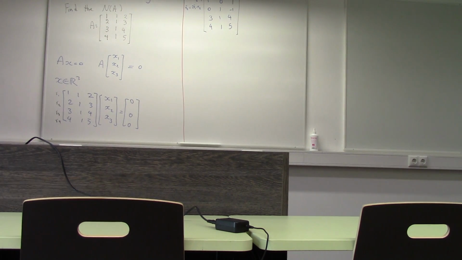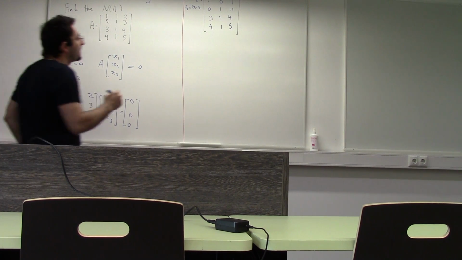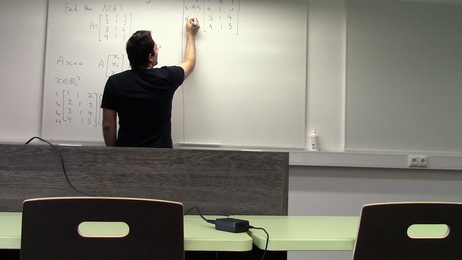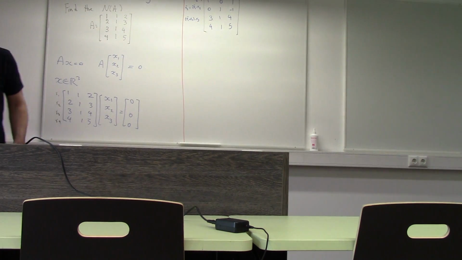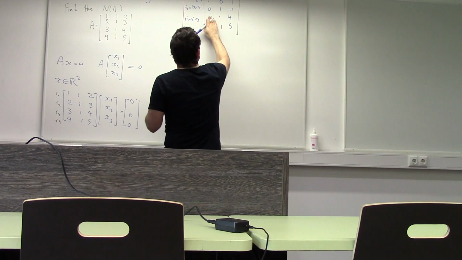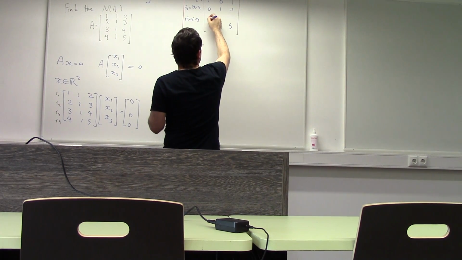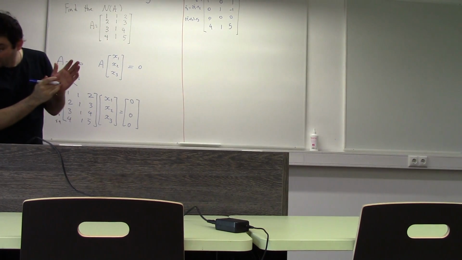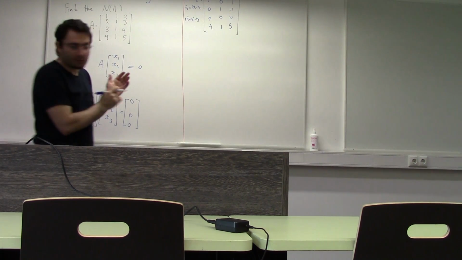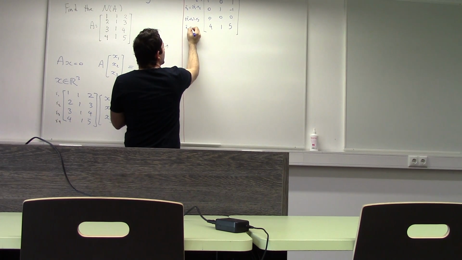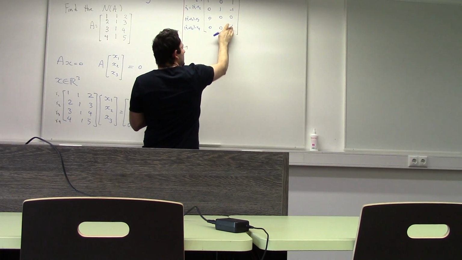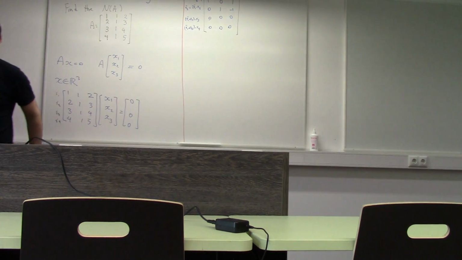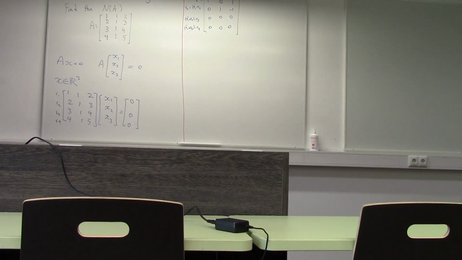Then I produce a new vector, which is new R1 plus R2 minus R3. If we do it, we will get this one. And if we do R1 plus R3 minus R4, we will also get 0, 0, 0. You can check this. So this is the reduced row form.